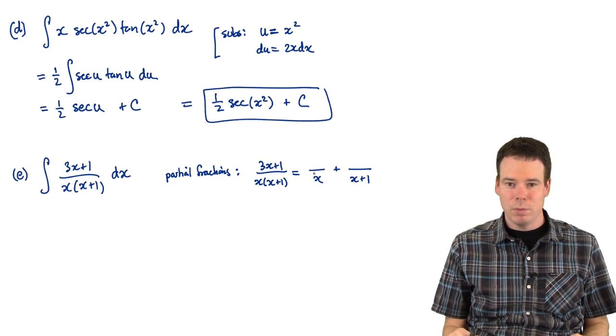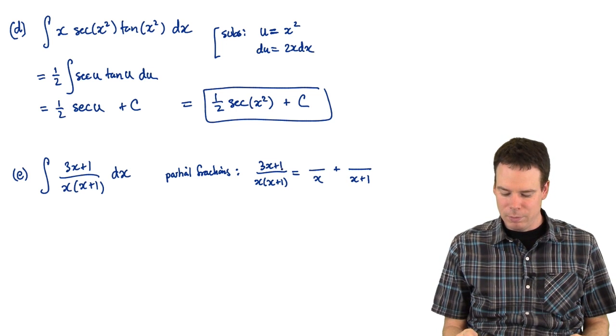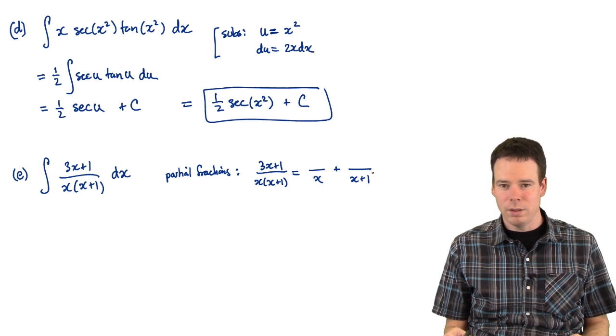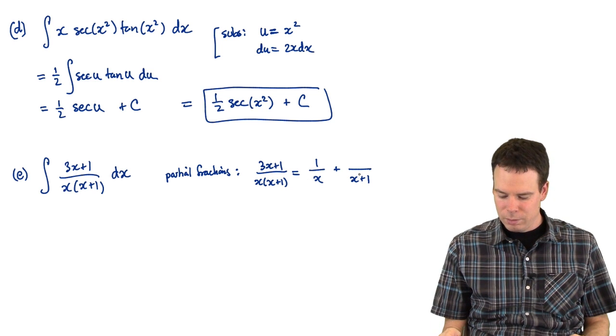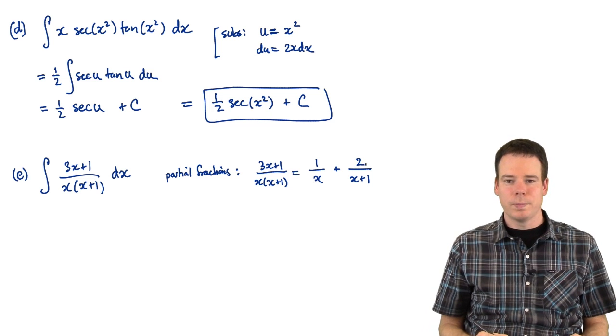Or I could just maybe do it by inspection. I see that 1 sitting up there. The only way that 1's going to come up is it's going to be the product of what's sitting above the x with that 1 in the denominator of the second term. So I know immediately that there has to be a 1 there. And if that's a 1, then when I collect these things over a common denominator, multiply x plus 1 to 1, so that becomes an x plus 1, plus whatever's over here times x has to be 3x, so I know that has to be a 2.